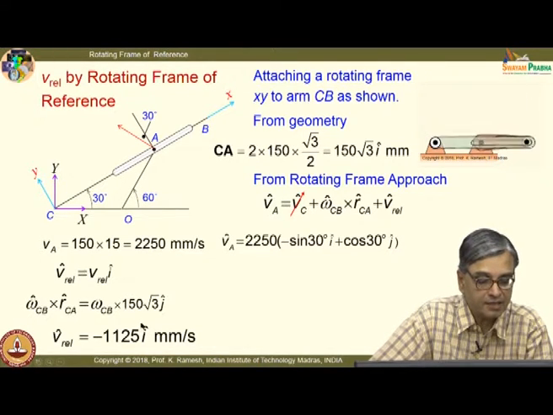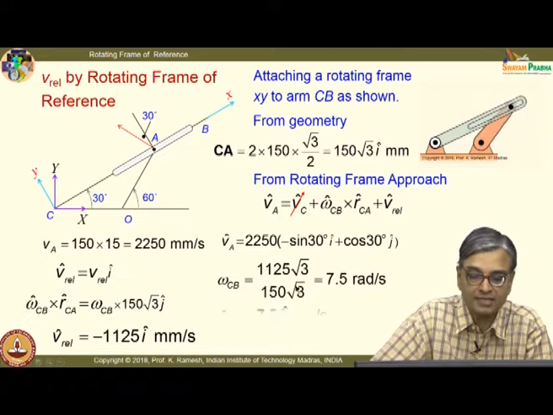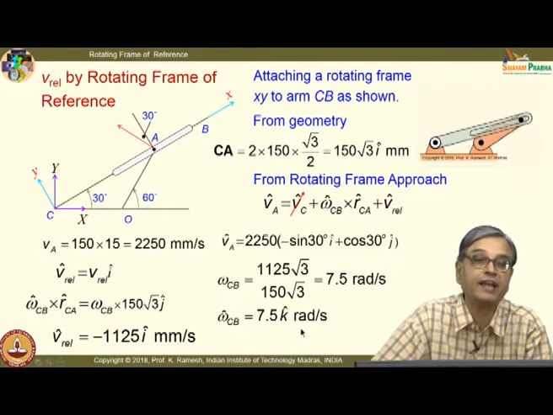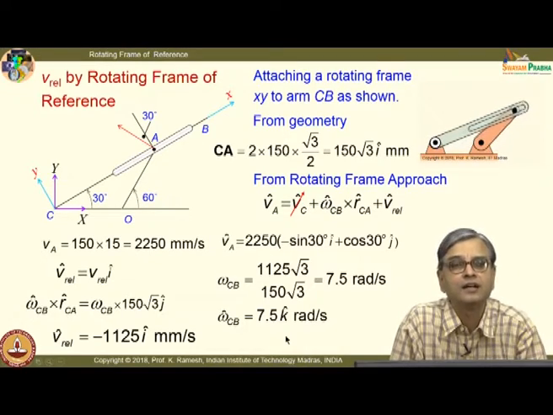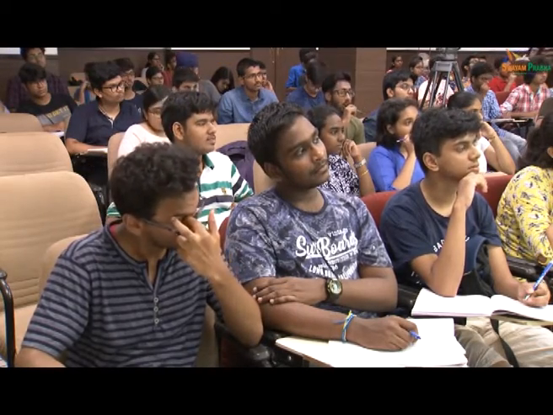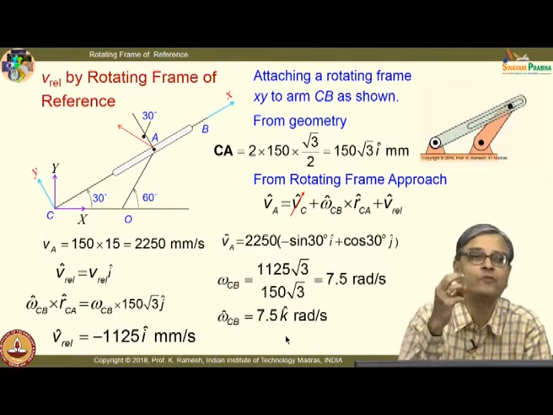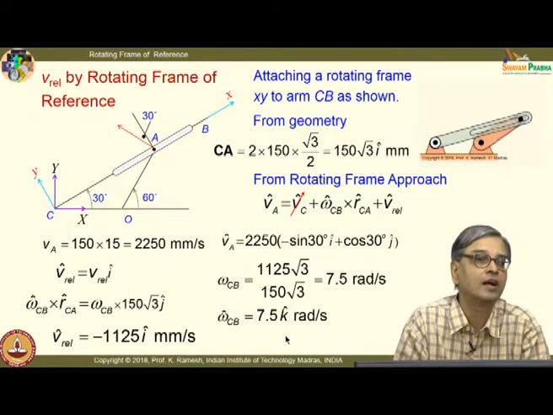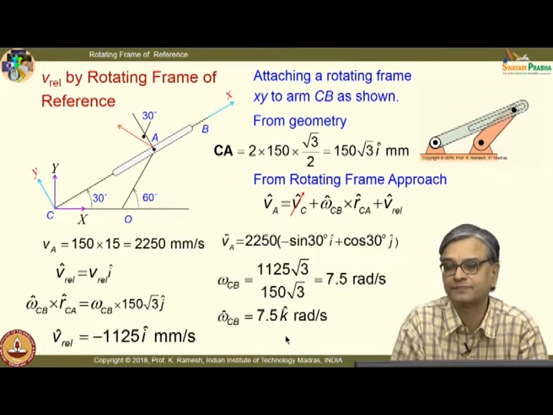So, from this, equating the i terms, I get VREL as minus 1125 i, and then I get omega CB as 7.5 k radians per second, same as what we got by using the velocity polygon. There again we had to do it in 2 stages, here again I should do it in 2 stages. Only thing is, here the computation is vectorial, there was physical appreciation of how you handle the problem. That is the greatest advantage.